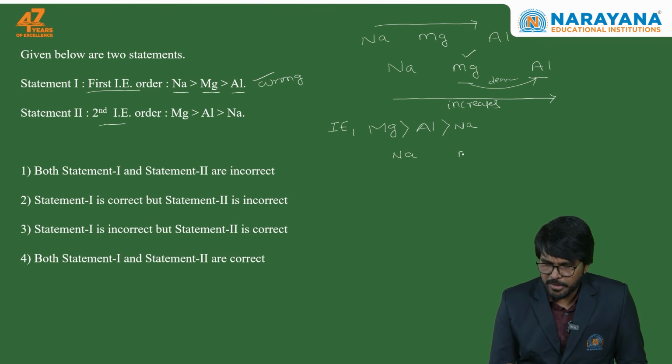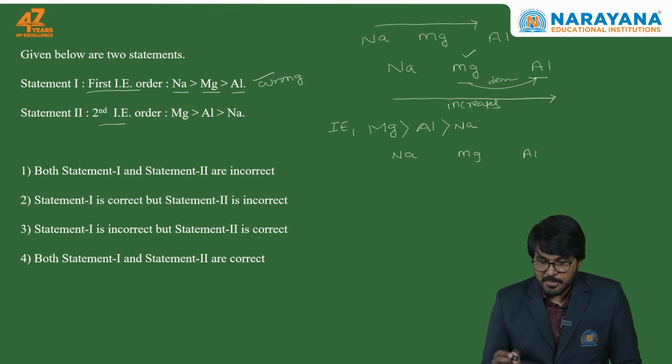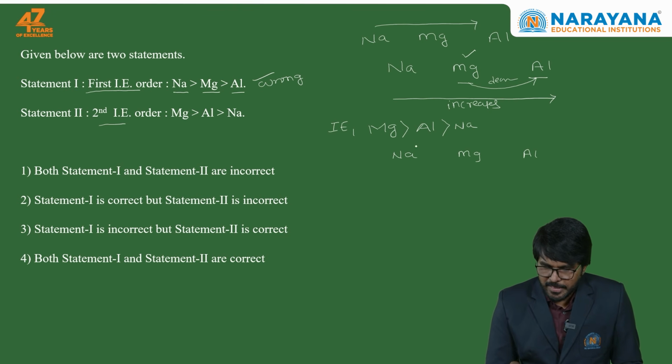For that we have to take the unipositive ions Na plus, Mg plus, Al plus. Na plus has the neon configuration. Mg plus has the sodium configuration.